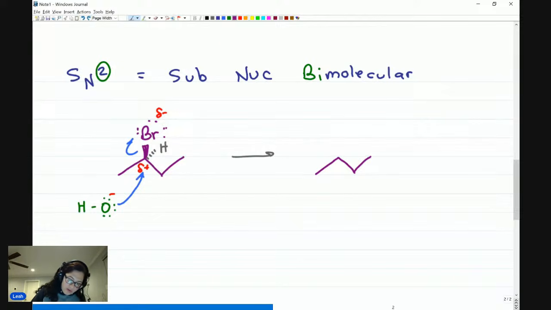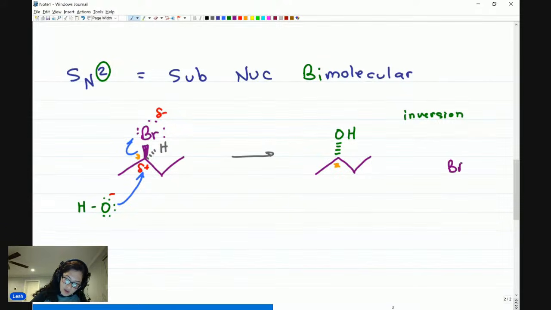So if the bromine was on a wedge in my reactant, the oxygen is now attached on dashes. This is considered a backside attack, where if I have a chiral starting molecule, which in this case I do, this is chiral and this is chiral, I get an inversion of stereochemistry, an inversion of configuration, where bromine forward results in an OH back.